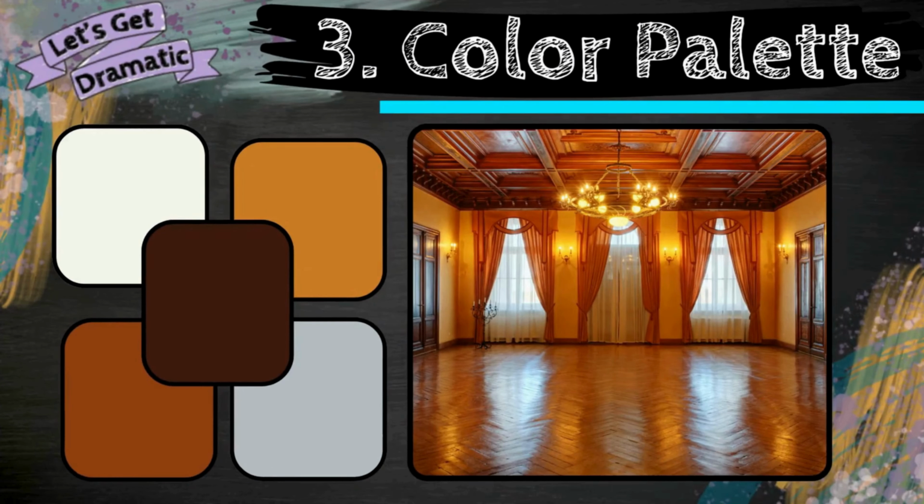On to number 3. So here we have our third color palette. So there's white, a pumpkin orange color right over here, this burgundy brown color. We've got like a burnt orange and a very light gray. So here is the room you're going to be looking at. Pay attention to the lights.